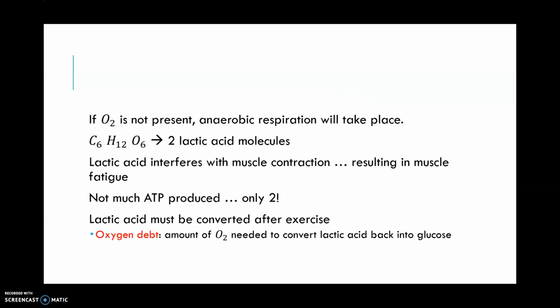So if oxygen is not present, that means anaerobic respiration is going to take place. And anaerobic means without oxygen. So with this type of respiration, we're going to see the production of two lactic acid molecules made from our glucose, which this is our glucose molecule.